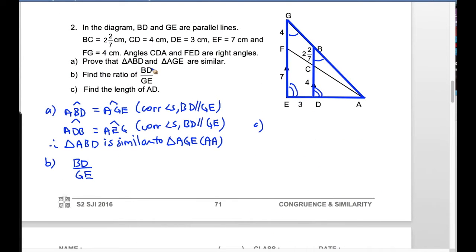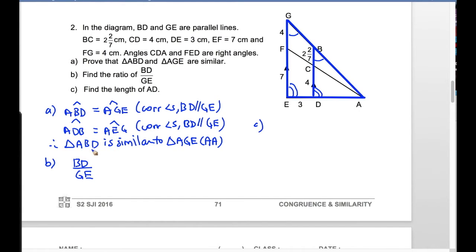In the second sum, we must first prove that triangle ABD is similar to triangle AGE. As we can see here, we have a pair of corresponding angles, ABD corresponding to AGE and ADB corresponding to AEG.